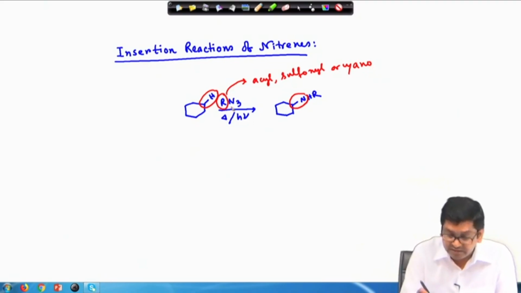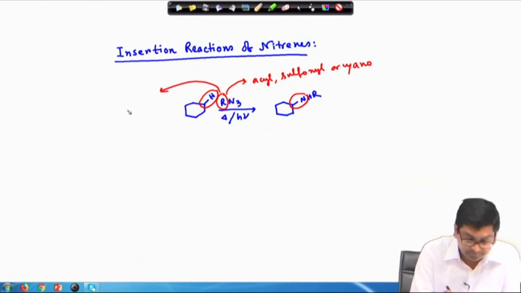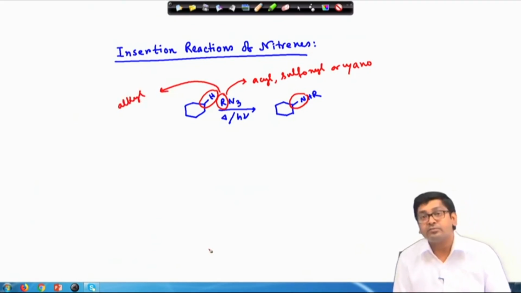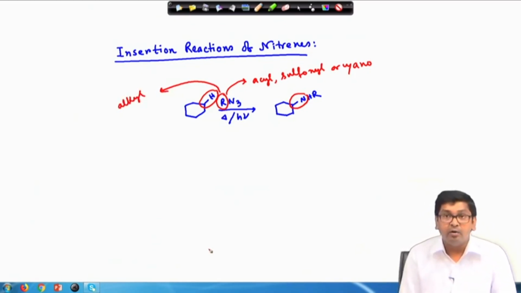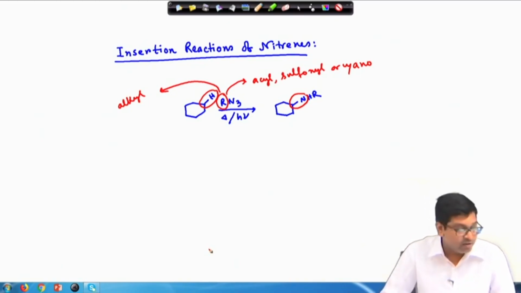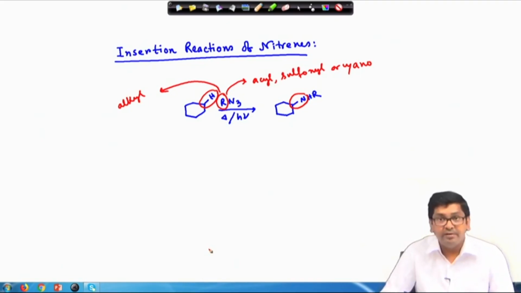However, when this is an alkyl group, there is a lot of side product formation due to the 1,2 hydrogen shift. So, the overall yield of the desired product will be very poor.